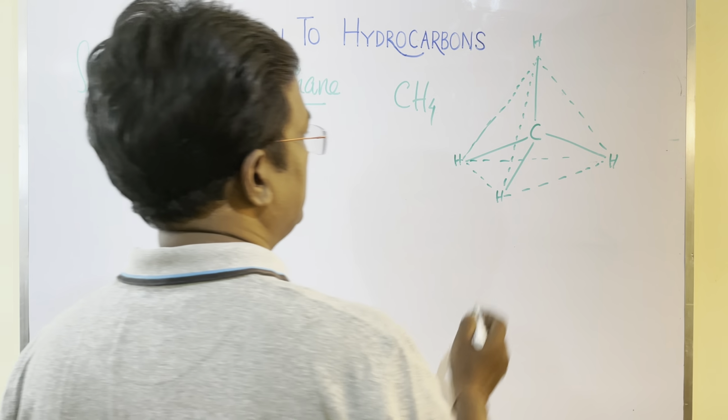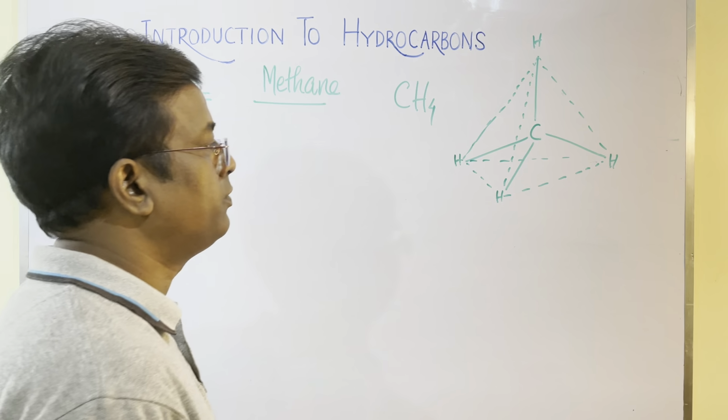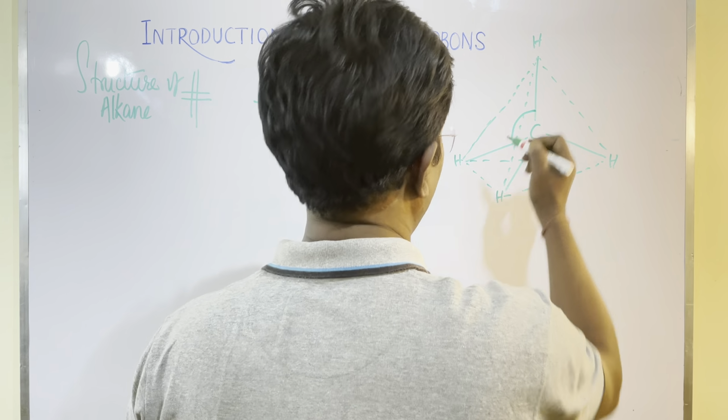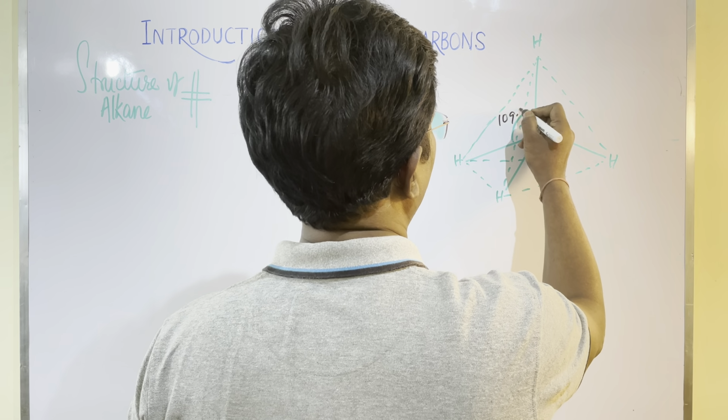So carbon is located at the center and 4 hydrogens are directed towards the 4 corners of a regular tetrahedron, with a bond angle of 109.5 degrees.